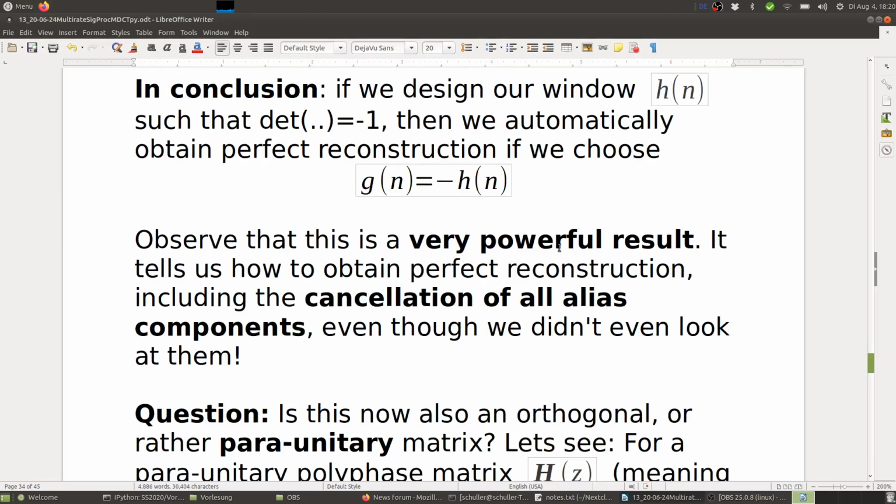Observe that this is a very powerful result. It tells us how to obtain perfect reconstruction, including the cancellation of all possible alias components, even though we didn't even look at them. Right? So it's very powerful and convenient in this way.